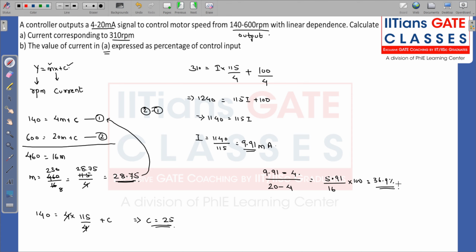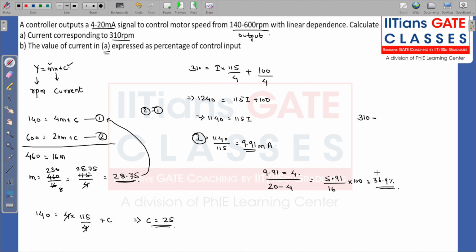So even if you had calculated using RPM, see this I had calculated using your current as my input. If you had taken RPM as your input, then also you will get it. Why? Because your current value of RPM is 310.